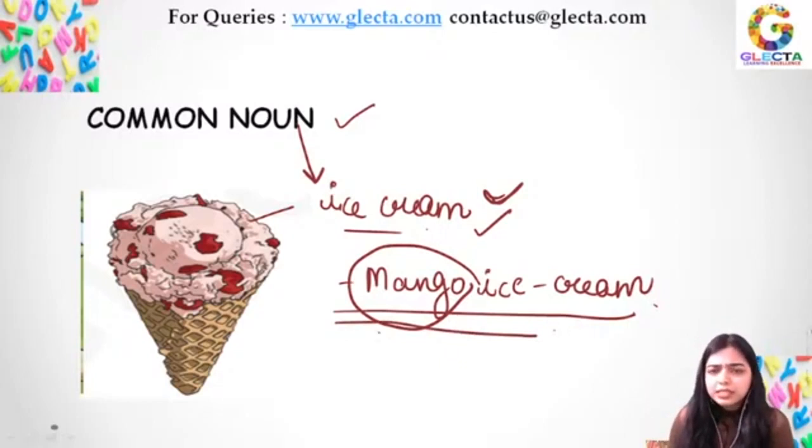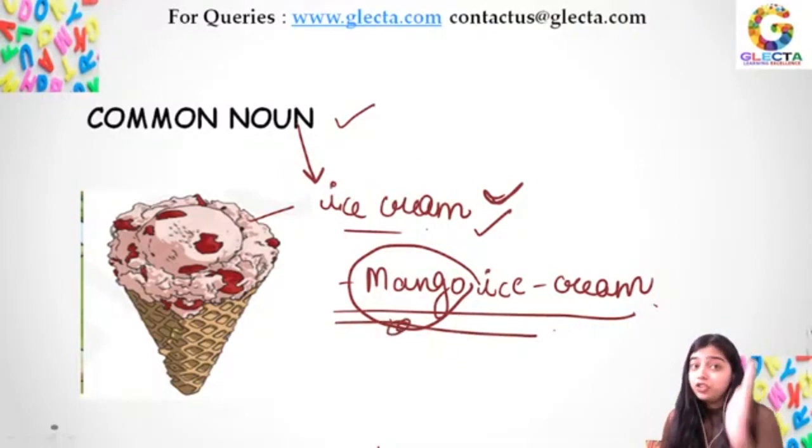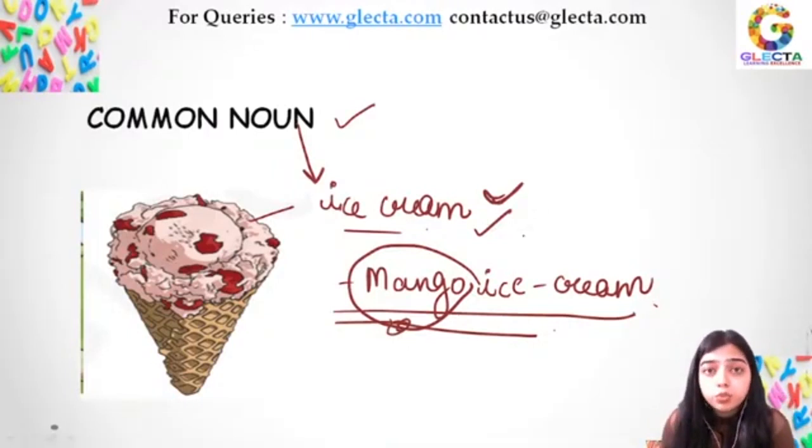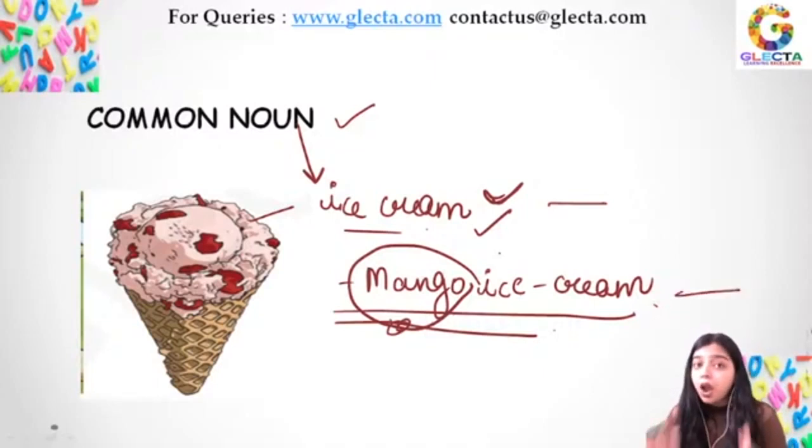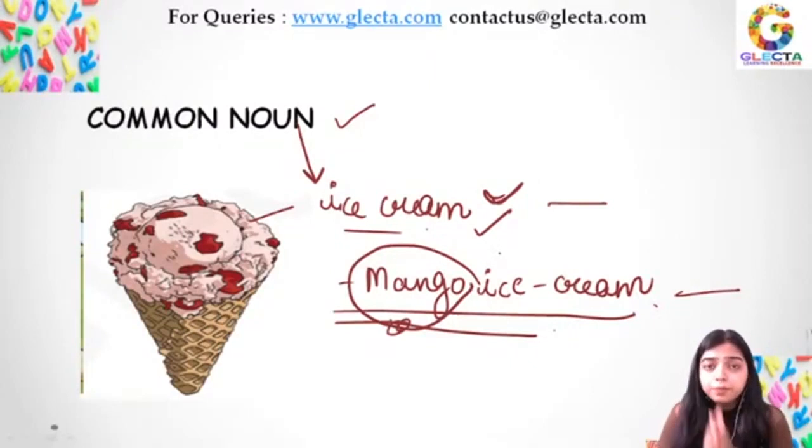Now, this is something that we'll be discussing just after this segment. So keep in mind the difference between mentioning merely ice cream and then mentioning mango ice cream. I hope when I say common noun, you are now able to relate how this category of noun does not have a specific name and is not providing details.